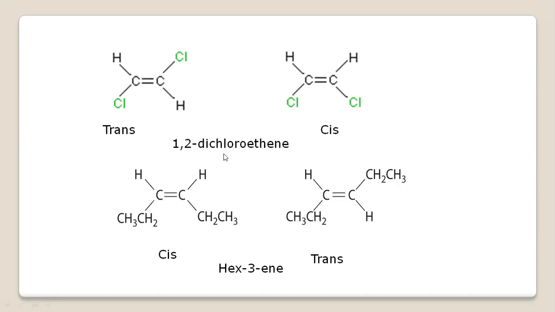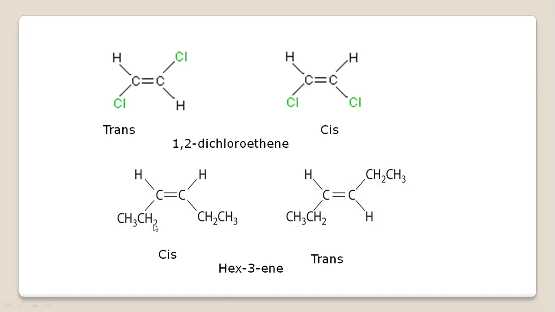Some more examples. See, 1,2-dichloroethene. Here the two chlorines are on opposite sides of the double bond; this is the structure for trans, and here the similar groups are on one side of the double bond, the structure for cis. One more example, 3-hexene.